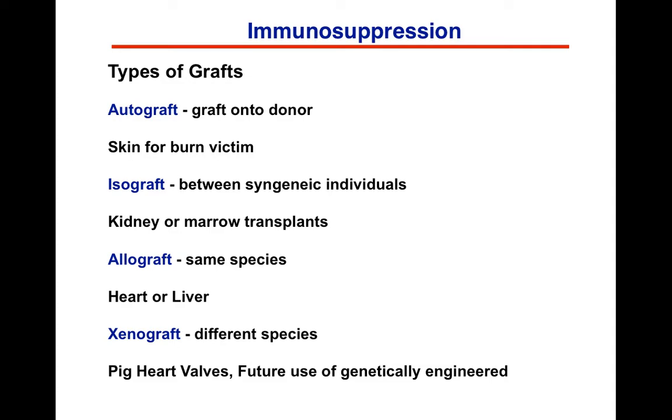If it was transplants between primates, it would be much more of an uproar over that. But for pigs, there has been a lot of interest in genetically engineering them so that they could provide, like, pancreas or liver or heart, at least on a temporary basis, to potential patients. So autografts, isografts, allografts, and xenografts.